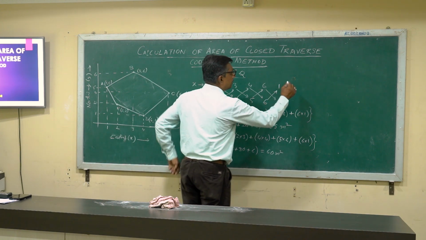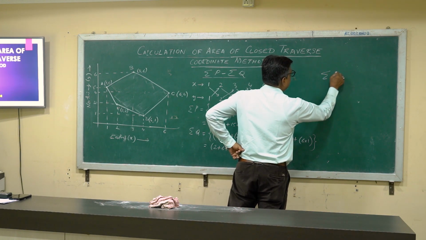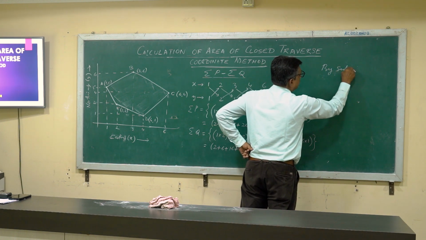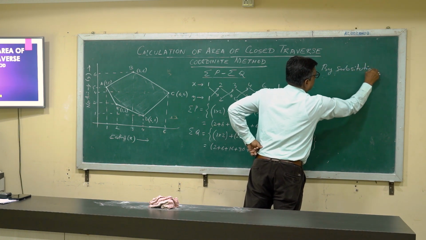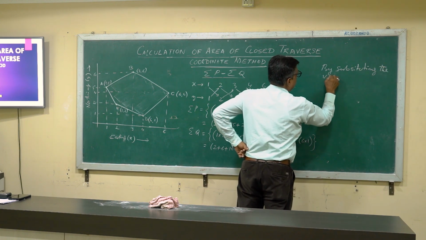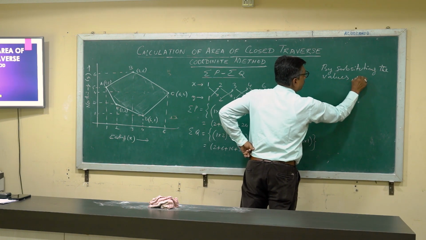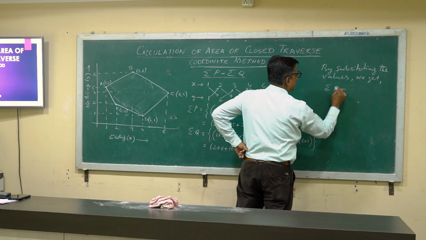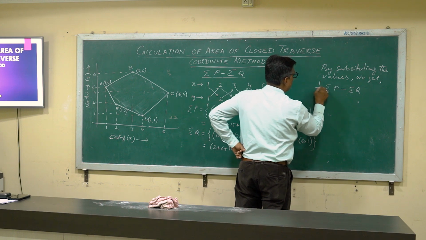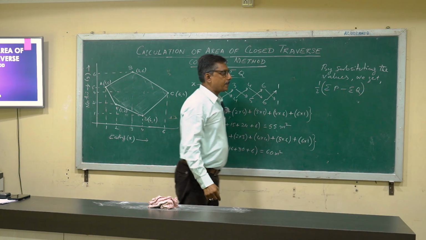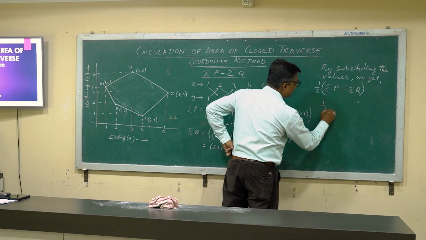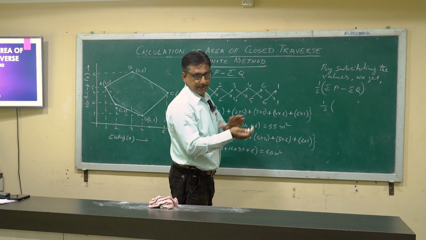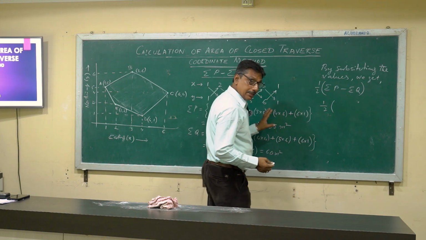Now what will we get? Substituting the values of summation P and summation Q, the actual area is equal to half of summation P minus summation Q, or summation Q minus summation P, whatever, just the difference between these two.